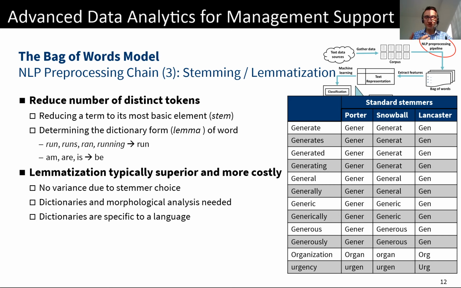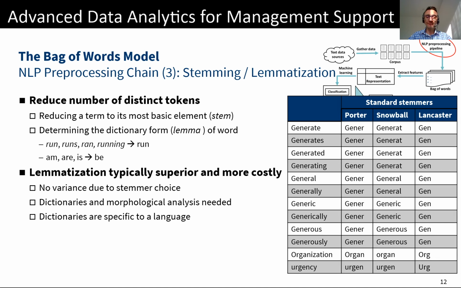Because, well, to come up with a good dictionary, you need to carry out some morphological analysis, and dictionaries, again, are very specific to the language. So the question is whether you can afford lemmatization. If you can, it will typically deliver you better results compared to stemming. And, well, I said here no variance due to stemmer choice.